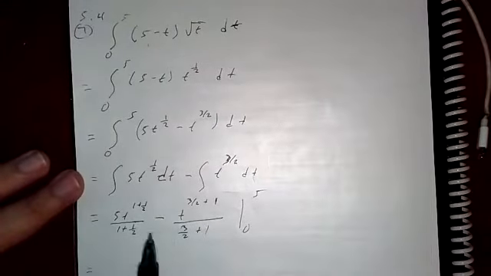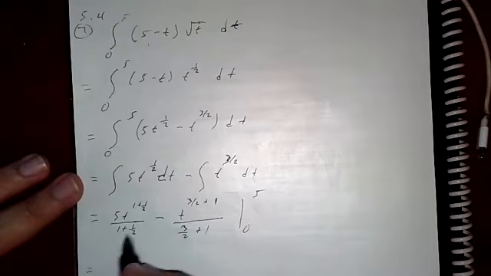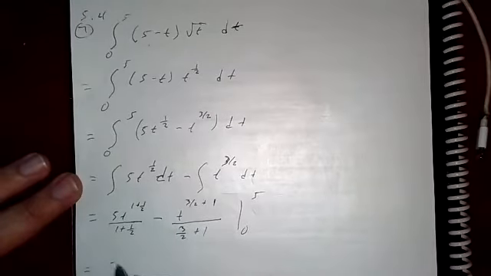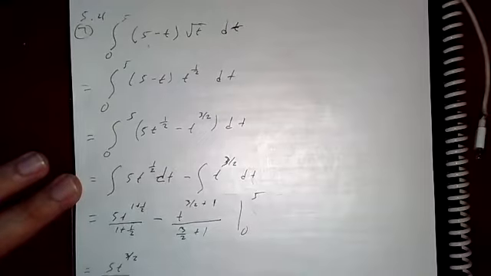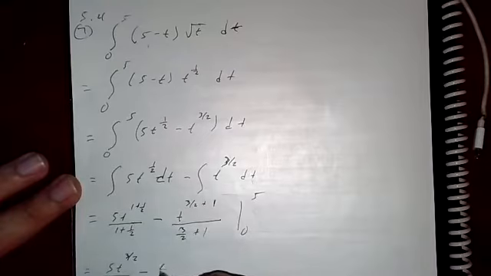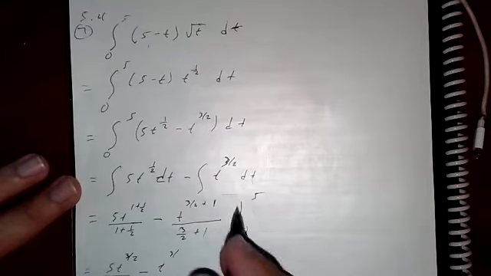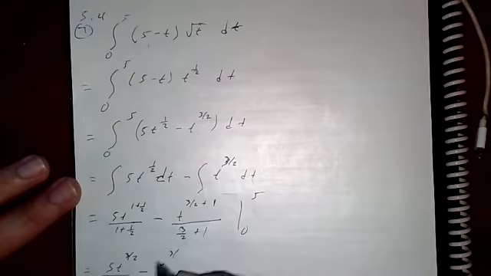We'll deal with the fractions. So 1 plus 1/2 is 3/2, so this is divided by 3/2 here. This would be t to the 3/2 plus 1, so that would be 5/2.